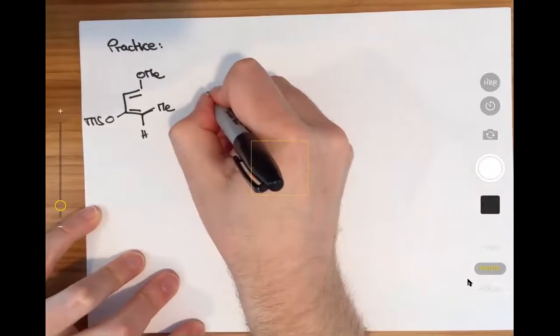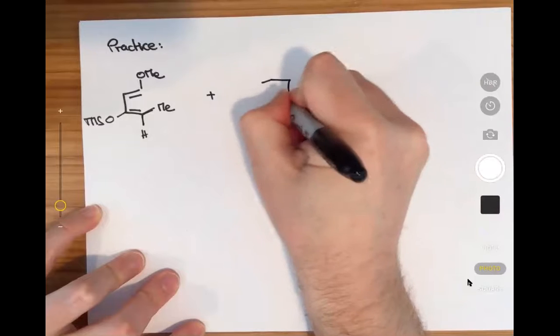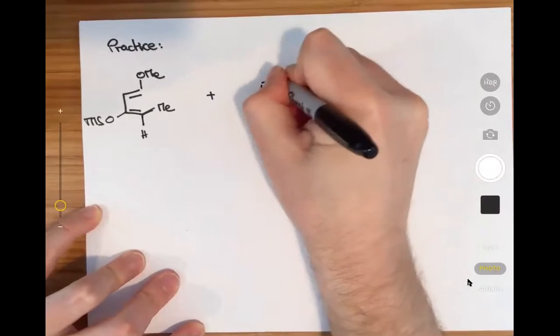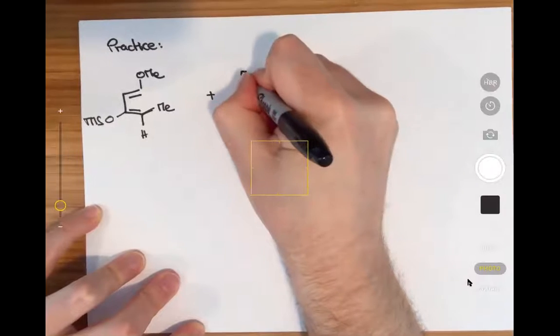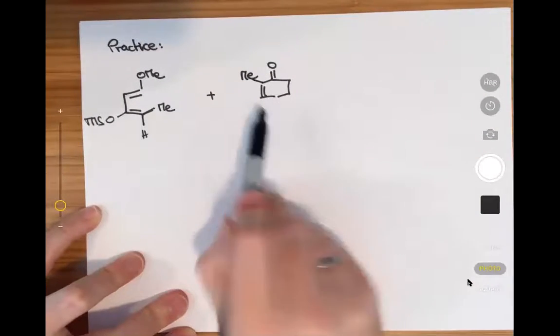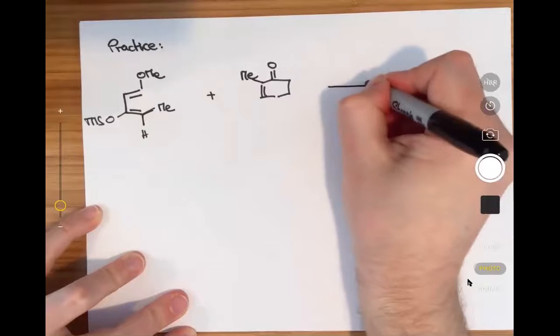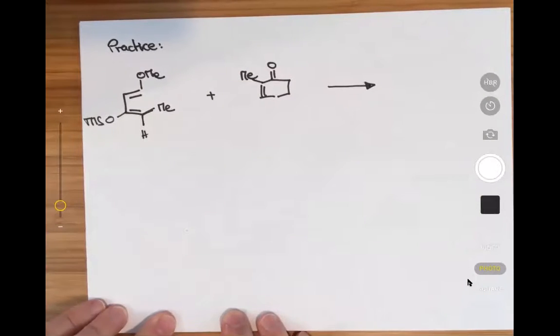And I'm going to react this with something that looks like this, and I'm going to have a methyl group over here. So again, this is the diene, this is the dienophile, and what you need to figure out is what the product of this reaction is going to be. Of course, you expect to see two enantiomeric products in a racemic mixture again.